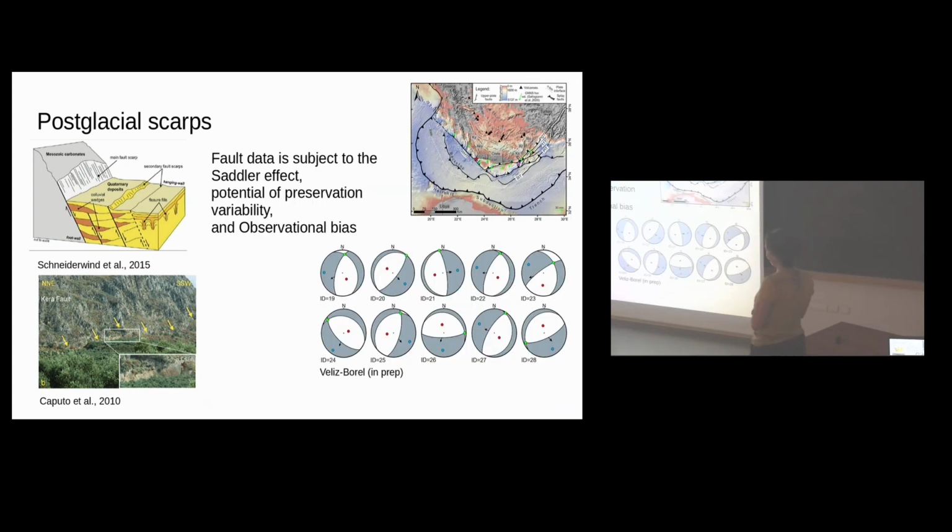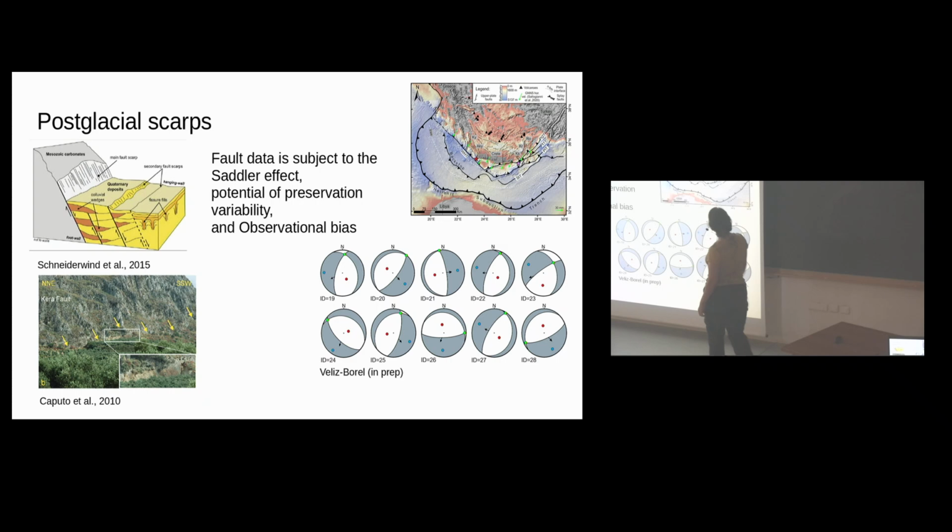The first one is the Sadler effect, which is the increasing loss of information through time in all geological records, meaning that whatever geological record or data set you have, it will always be incomplete and you can do nothing about it. The second one is the potential of preservation, which varies from island to island.